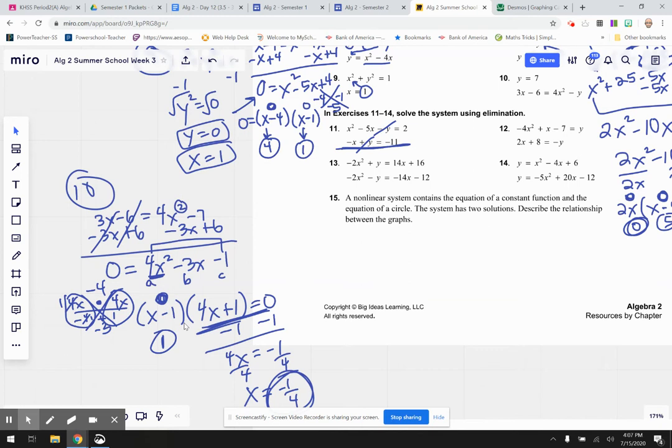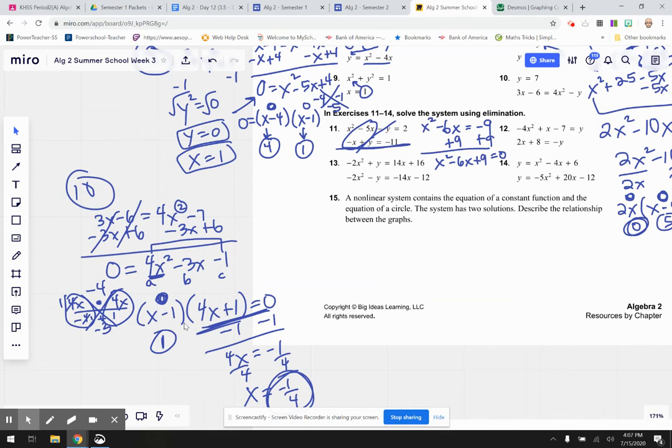So you would have x squared minus 5x and minus 1x would be minus 6x, and then equals negative 9. And now you just have x's. So now you can actually solve that one. We can add 9 to both sides to get it equal to 0. x squared minus 6x plus 9 equals 0.